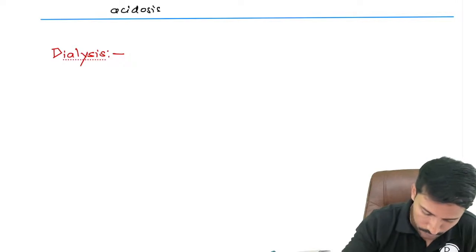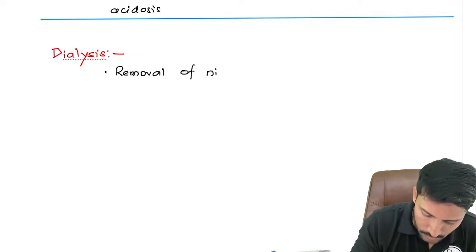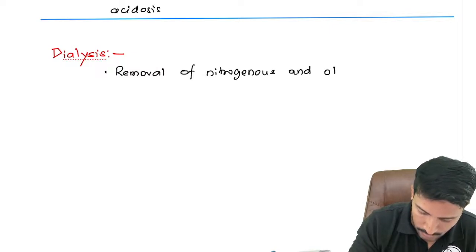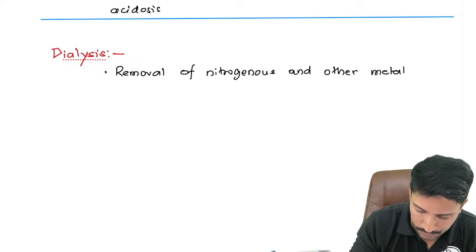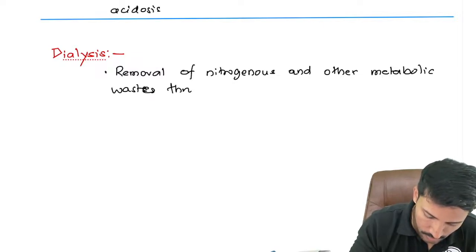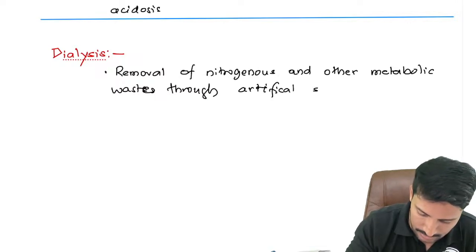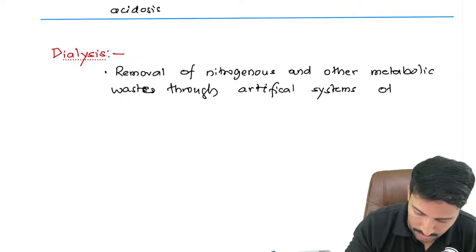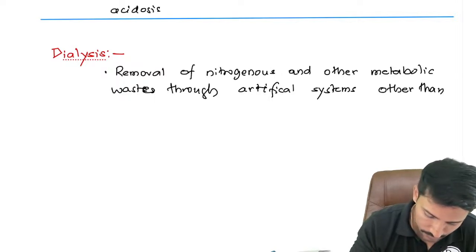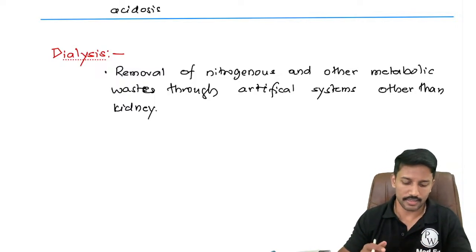Dialysis refers to removal of nitrogenous and other metabolic waste through artificial systems other than the kidney. So instead of the kidney, we are trying to use some other system to remove this nitrogenous waste. Then we call it dialysis.